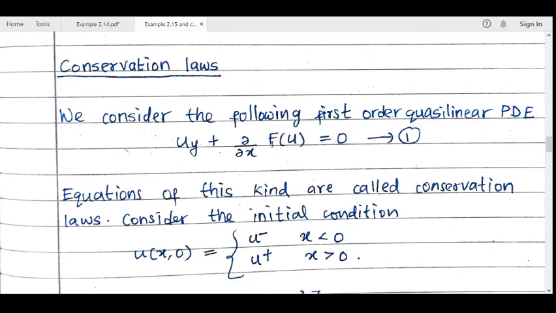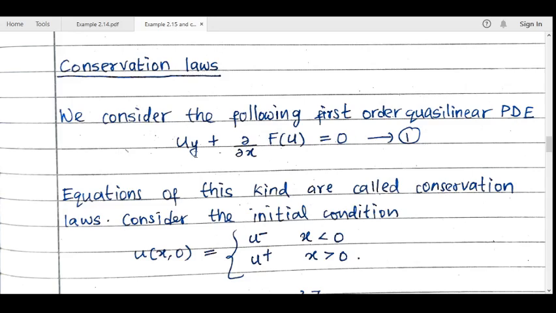So in general we will consider it as f of u. In Euler's equation, f of u was half u square. So when you took the derivative, we got u x. Okay, so this is the general case. Now we will see the general case. So equations of this form are called conservation laws, if an equation can be written in this form.